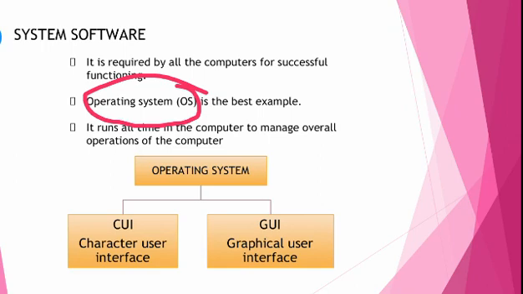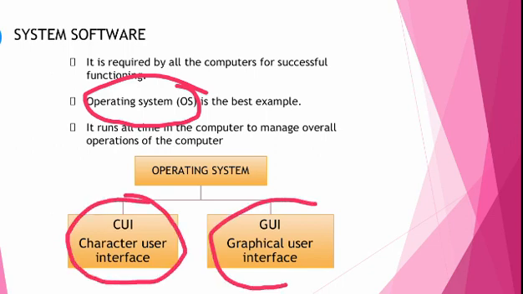This operating system is further classified into CUI, character user interface, and GUI, graphical user interface. Before that, what is meant by interface? Do you know that? No idea? Okay, no problem.